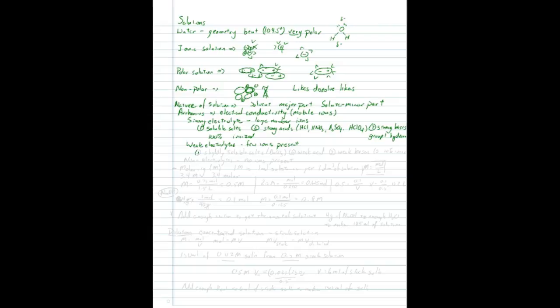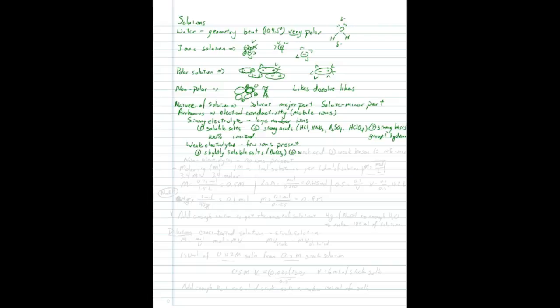They include slightly soluble salts, and we're going to go over those in the next lesson, like barium carbonate, and there are a bunch of others. They dissolve, but not completely.